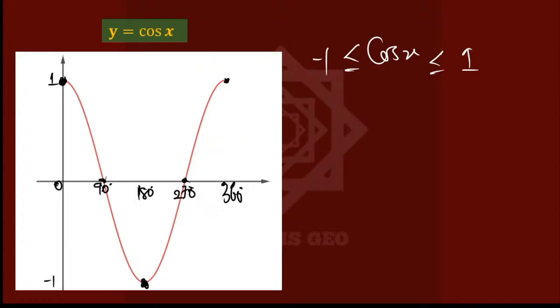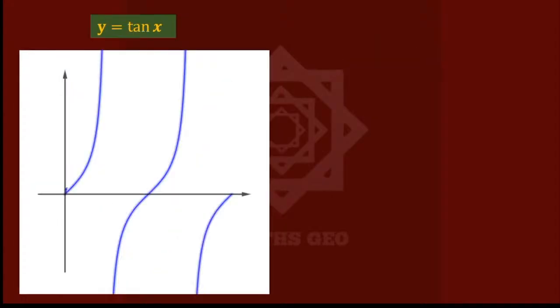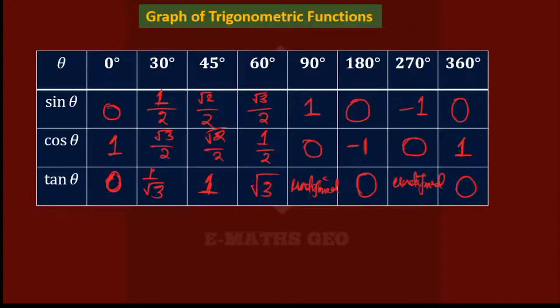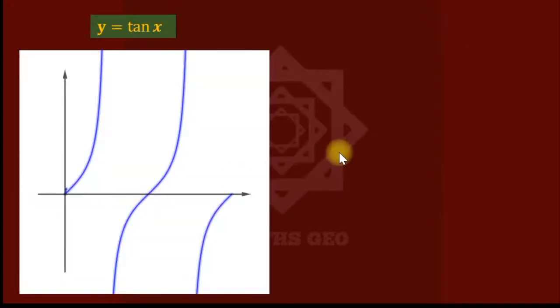Coming to the next one, which is tan. See the graph of tan. If you notice, there is a discontinuity in some places. If you could remember, tan 90 and tan 270 are undefined. Do you remember? An undefined value on a graph is called a vertical asymptote.